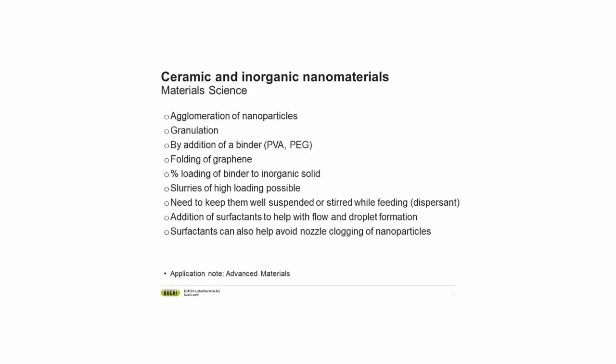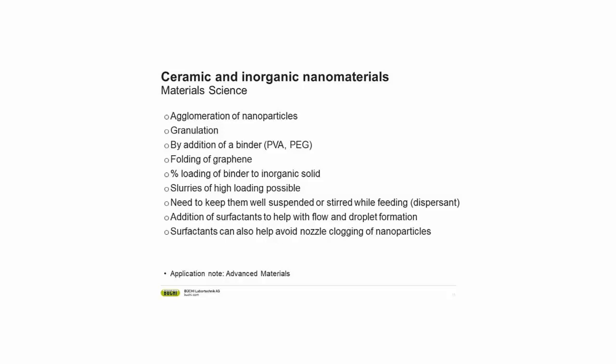As I said, this is really used in ceramics and inorganic nanomaterial science. So here they use a lot of agglomeration and granulation to improve their process. The commonly used binders are mostly PVA and PEG. Some of the applications, for example, are about agglomerating graphene for batteries.